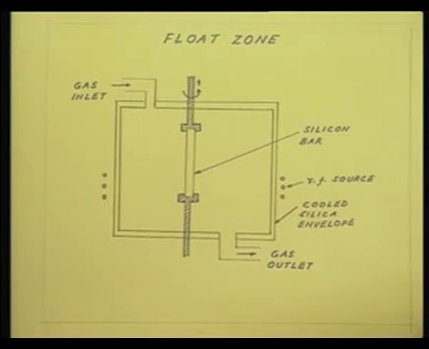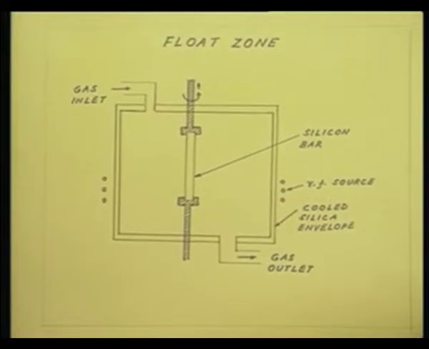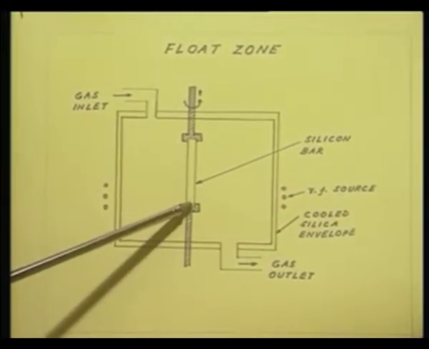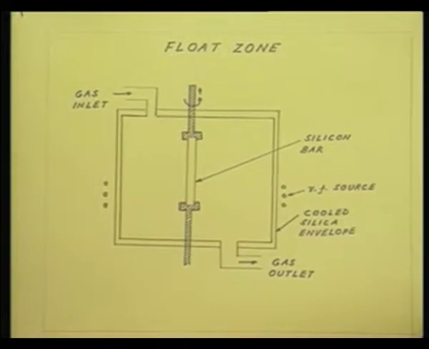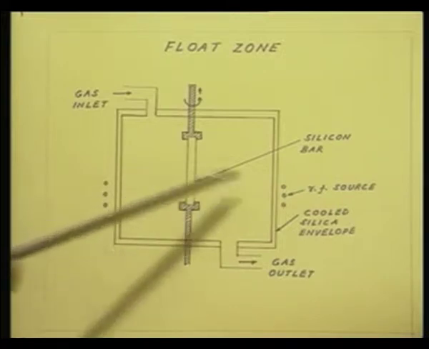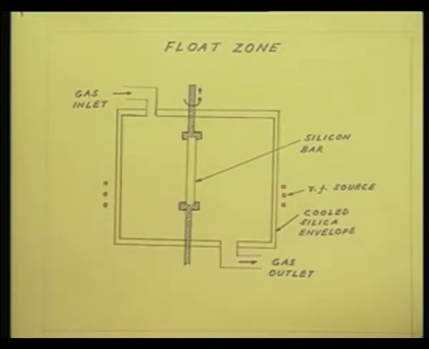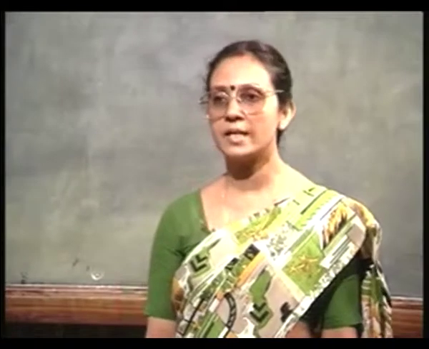This silicon bar is held in a chuck, and at one end of this silicon bar a small seed crystal is provided, which I have not shown in the figure, but you can assume that at this end a small seed crystal is fixed. And the heating is provided by the RF source, which is movable. Okay. So, the heating starts from the seed end of the silicon bar.